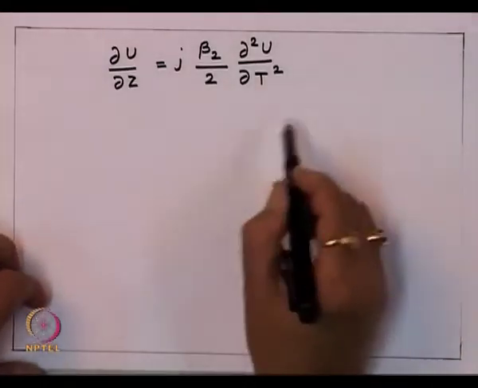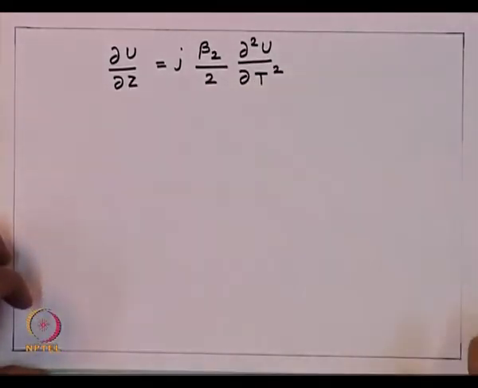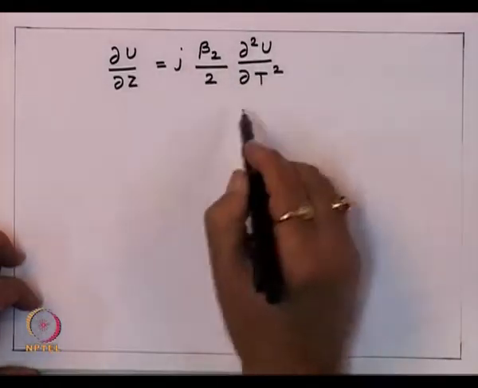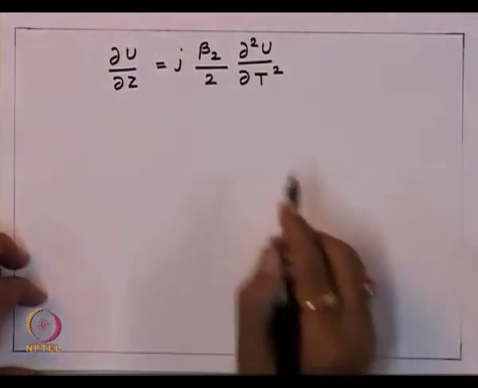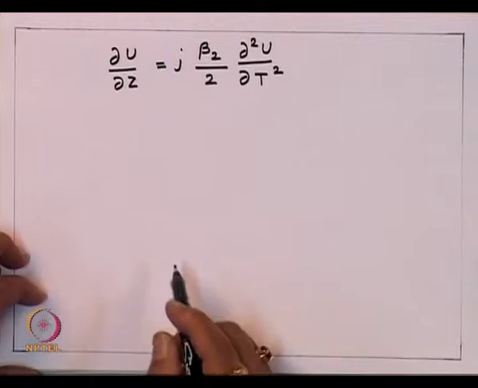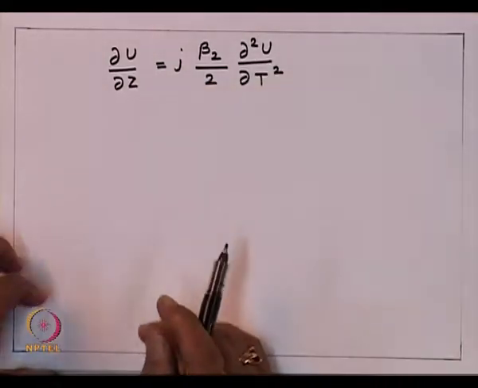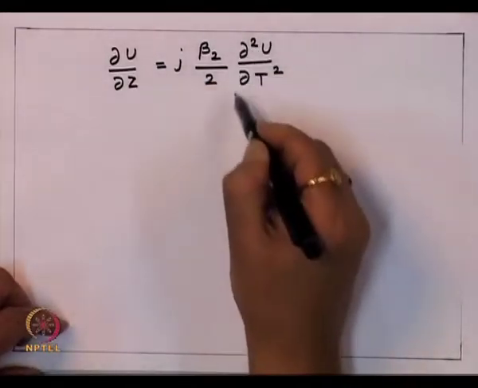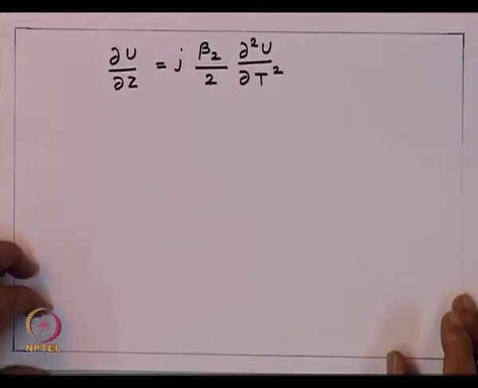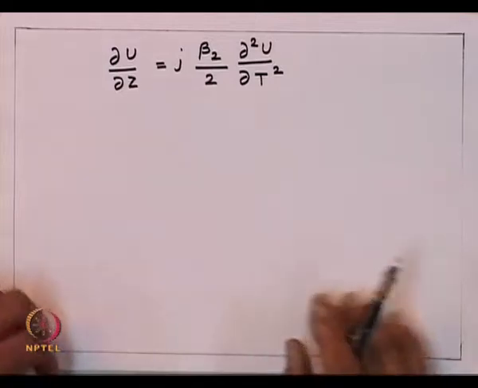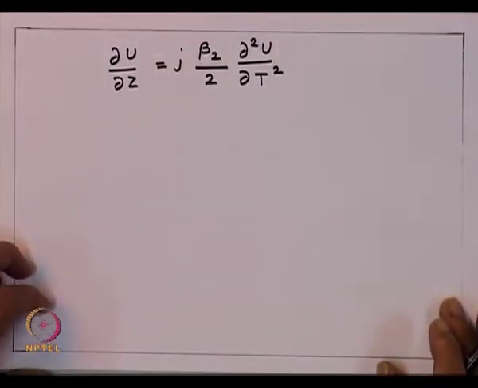Now, since you have a second derivative with respect to time, this differential equation can be solved if you take the Fourier transform of this equation in time. So, the equation can be converted into the frequency domain. The second derivative will become simply multiplication by the square of the frequency, and the equation can then be solved very easily in the Fourier domain.